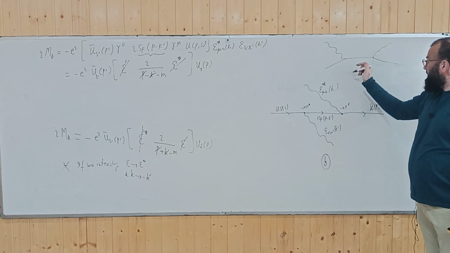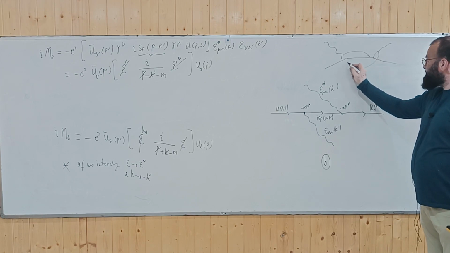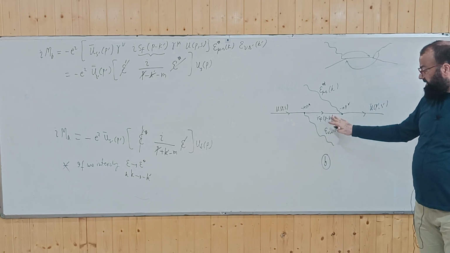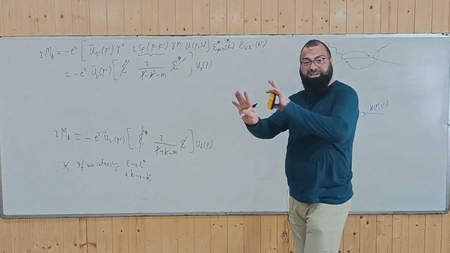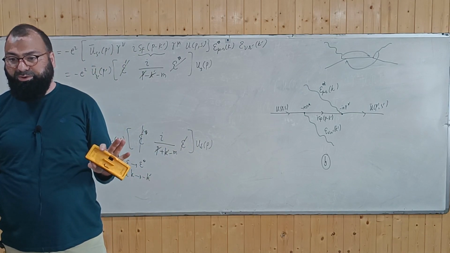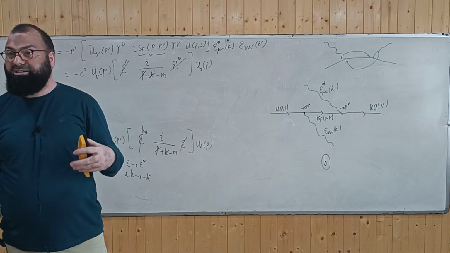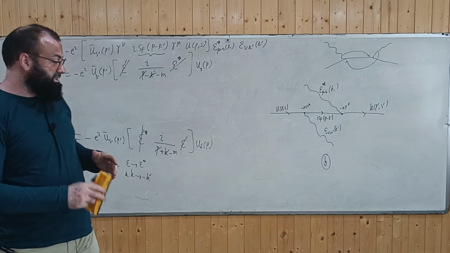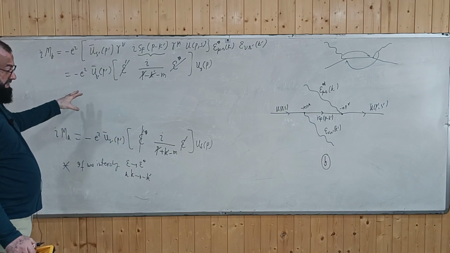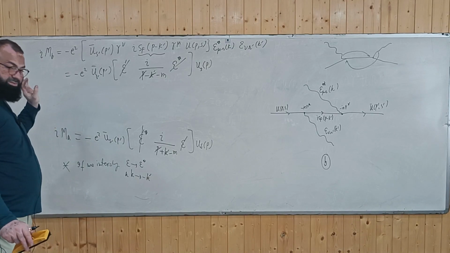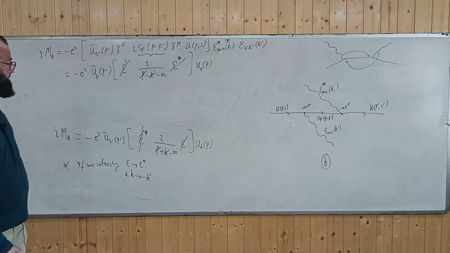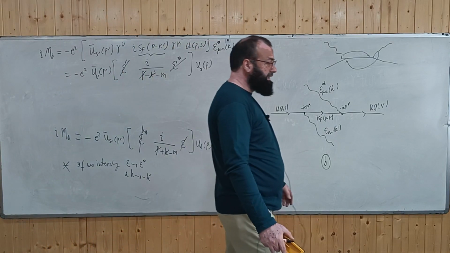This comes here, and this comes here. So the only difference between these two diagrams is the crossing symmetry: the initial and final states of the photons are exchanged. And the total amplitude of Compton scattering at second order will be the sum of these two. So now let's go to the another process.